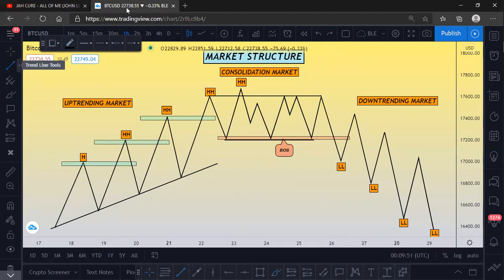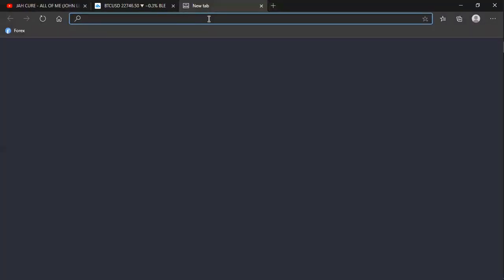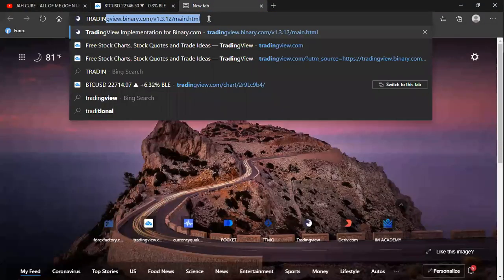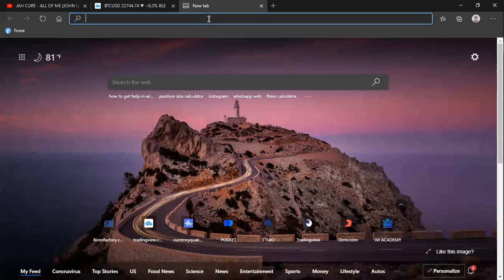Once you log into tradingview.com, at the top right corner you see Charts. Let me do that for you so you can see.